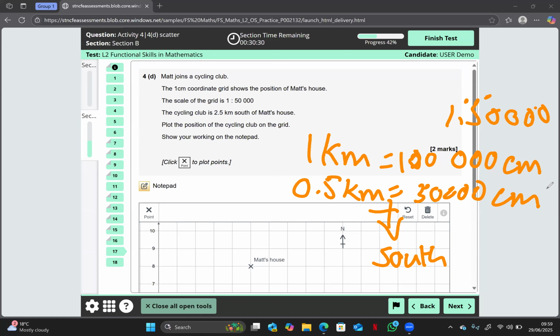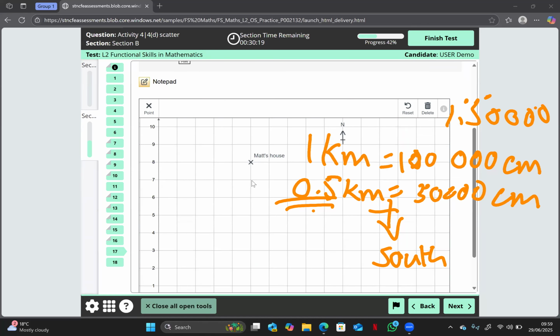So here, 1 square represents 0.5 kilometers. So all we have to do here is go down. 1 square represents 0.5. So that's 0.5. That's 1. That's 1.5. That's 2. So the plot will be here.